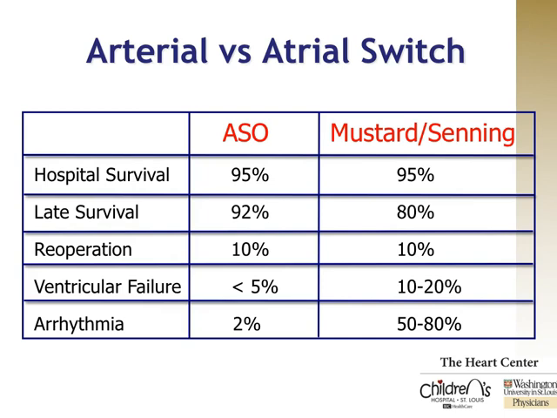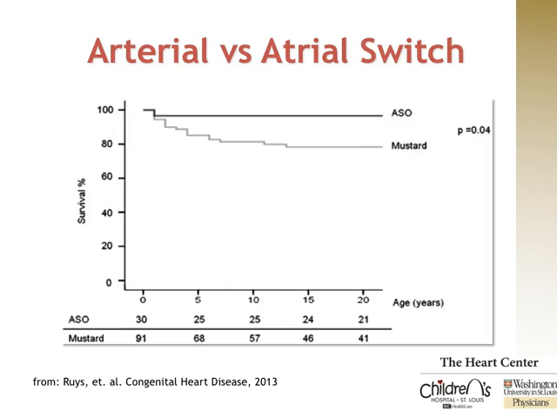With the Mustard or a Senning operation with complex intraatrial baffling, a lot of cutting, a lot of suture lines, it's a setup for atrial dysrhythmias, atrial fibrillation, atrial flutter. Some folks have said it's basically an incidence that approaches 100% if you follow these patients long enough. And that can contribute to a significant amount of the late morbidity with the Mustard or Senning operation.